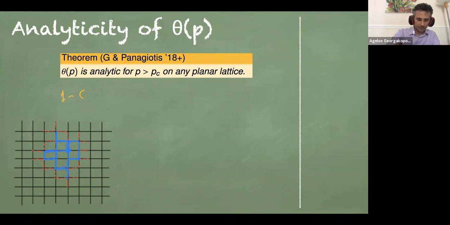I'm going to express 1 minus theta, the probability to have a finite cluster, as a sum over all possible clusters as before. Earlier, I had an n there because I was looking at the expectation, but now I don't have it. Otherwise, it's the same reasoning.